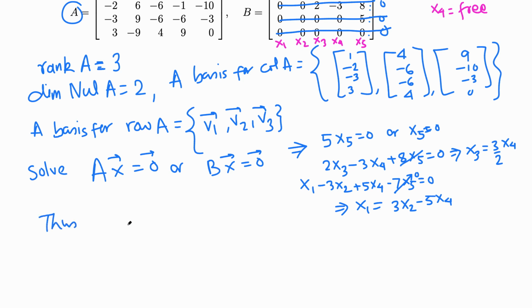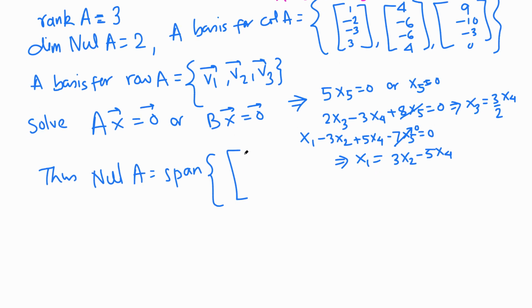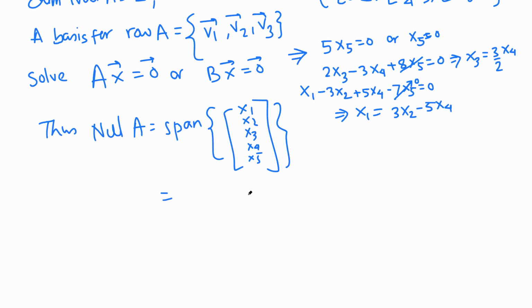Thus, null A is in fact the span of x, where this is x1, x2, x3, x4, x5, by the way. When we write these vectors, they become bases. So what is x1?